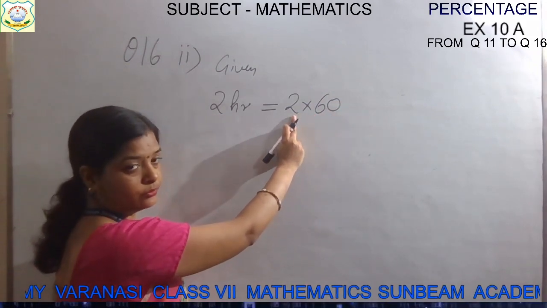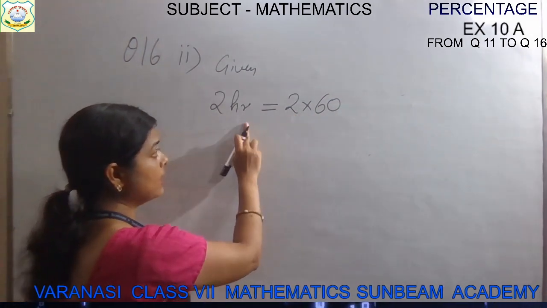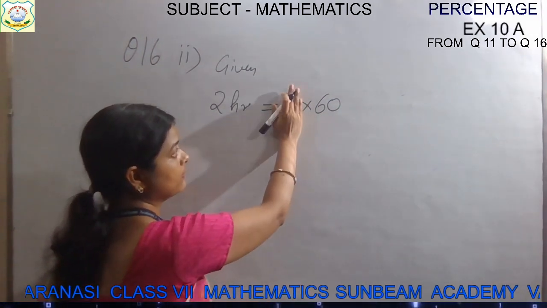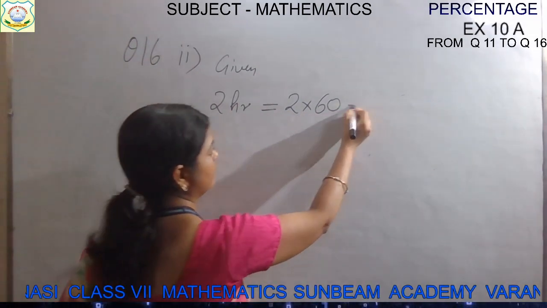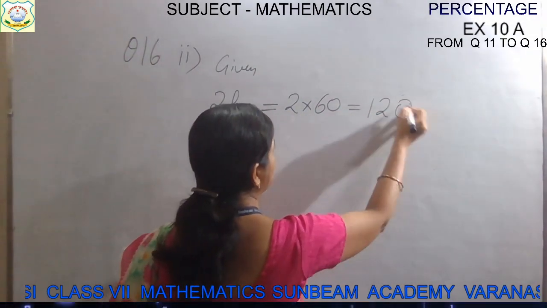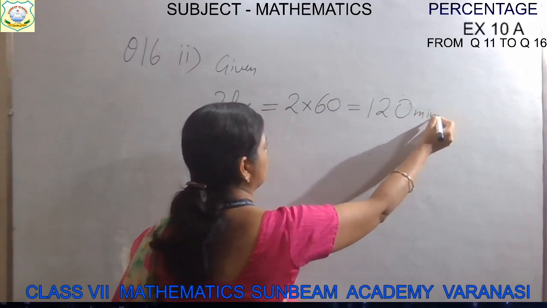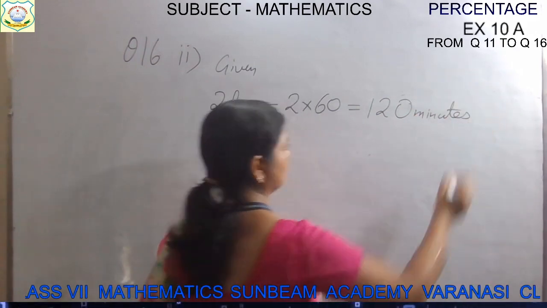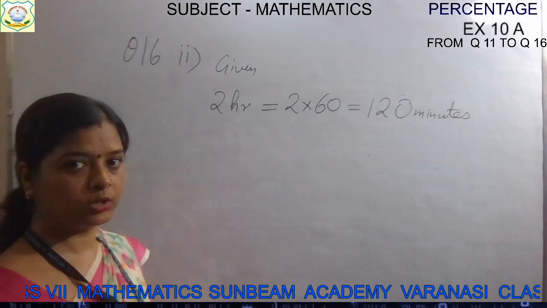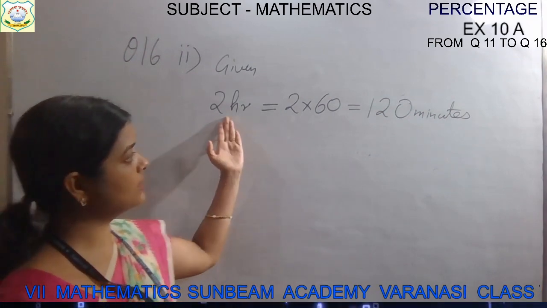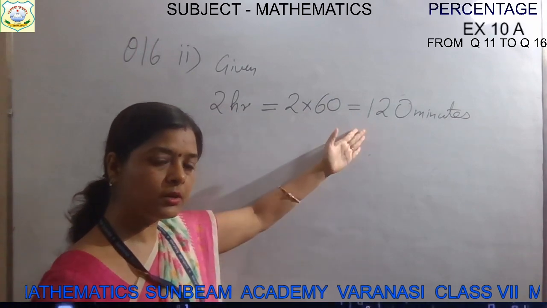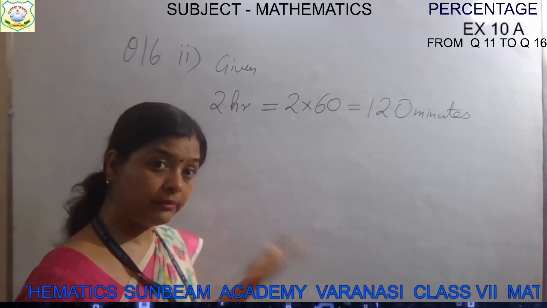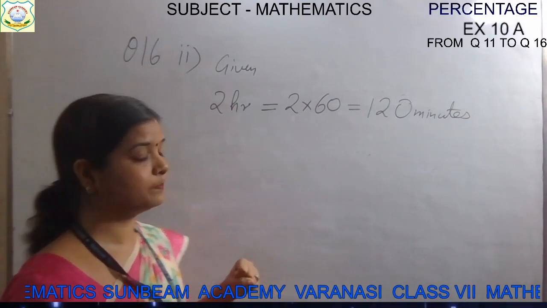I know you know it very well. 2 hours is 60 into 2. Whatever answer comes will be in minutes now. 2 hours is the same as 120 minutes. Why has your ma'am converted this? Because the next given part is in minutes.